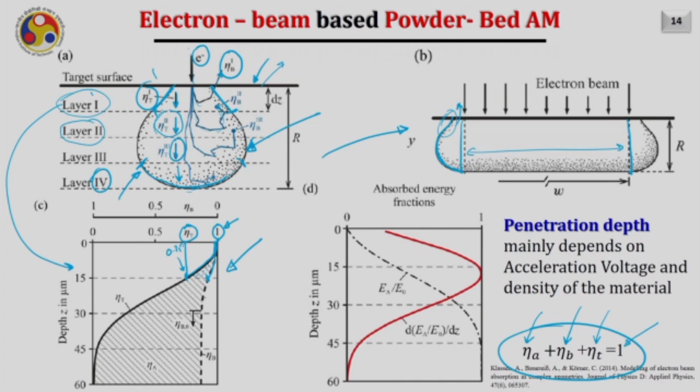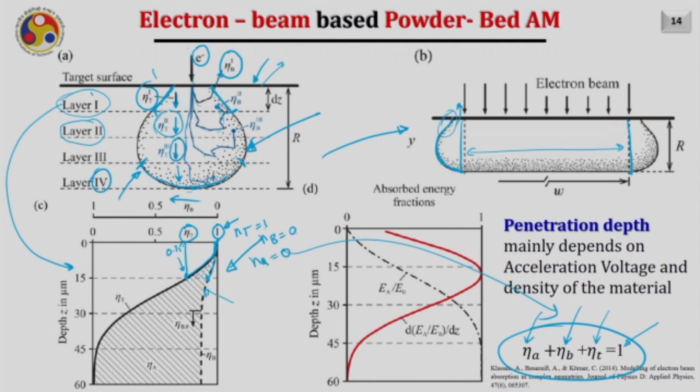This dashed line shows the amount of particles backscattered, and this scale is reversed here. In the beginning Nt is 1 and the backscatter particles are 0, and of course if this is 1, this is 0. If you use this equation, we will get Na, absorbed, also 0.